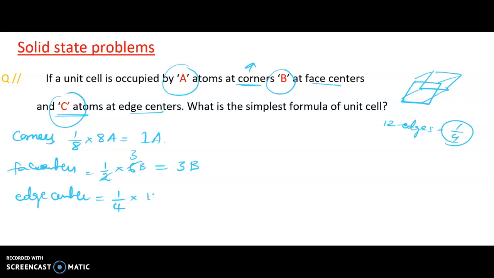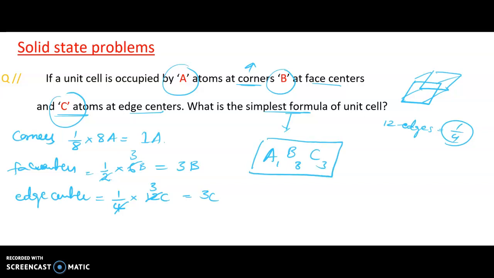So there are 12 edge centers and 1 by 4th is the contribution. So 12 by 4 is 3. Here the simplest formula is A1, B3 and C3. This is the simplest formula of that particular unit cell.